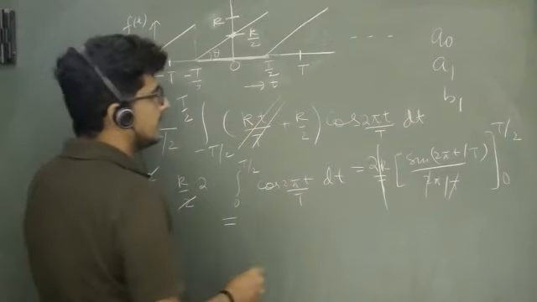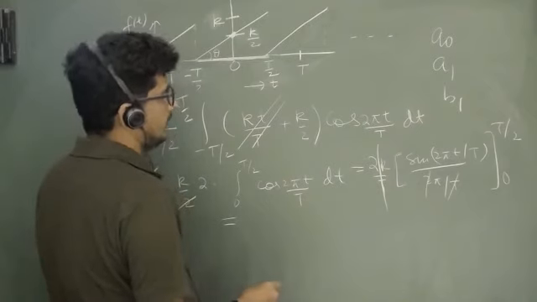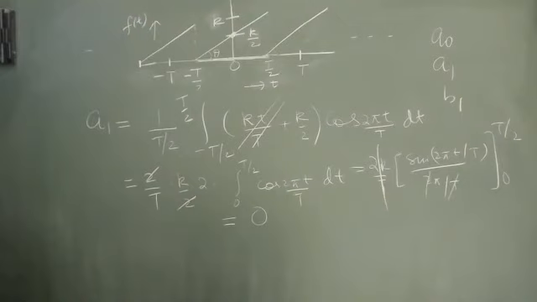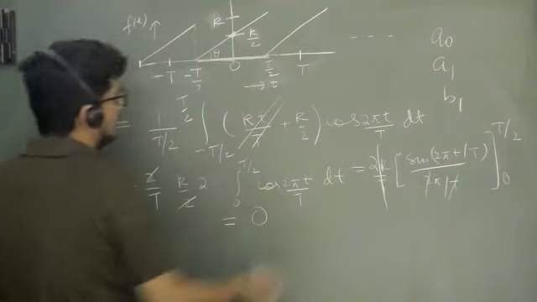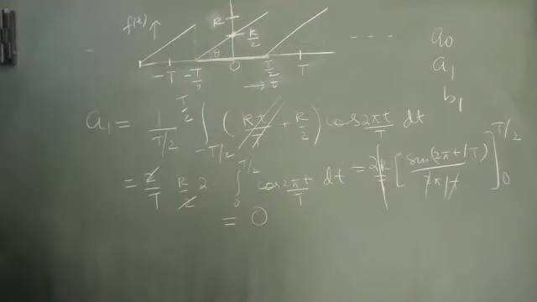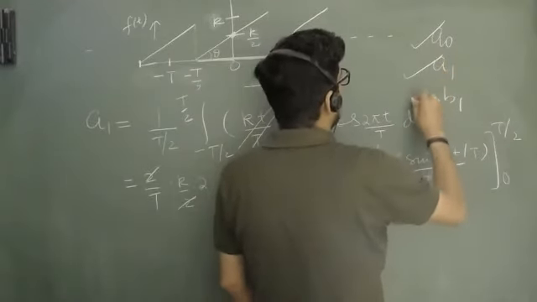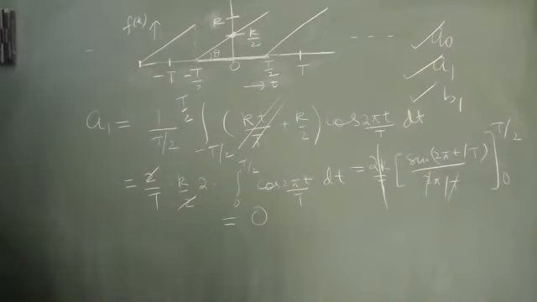So it is sine, na? Sine of pi, it will become 0. So A1 will become 0. What about A2? We could have calculated with n also, but for this question I want you to get A0 and A1. A1 is 0. What is B1? Get B1.